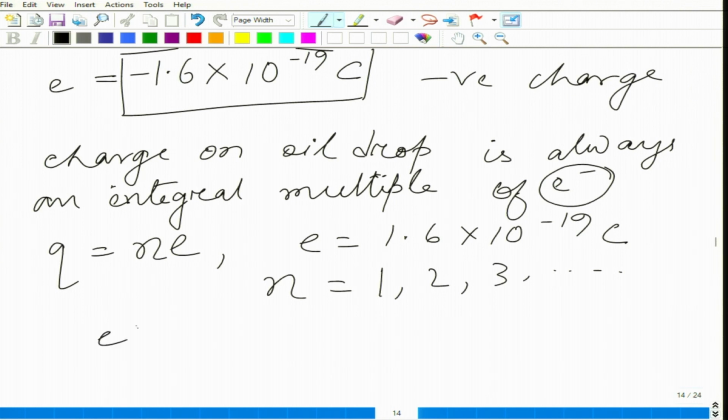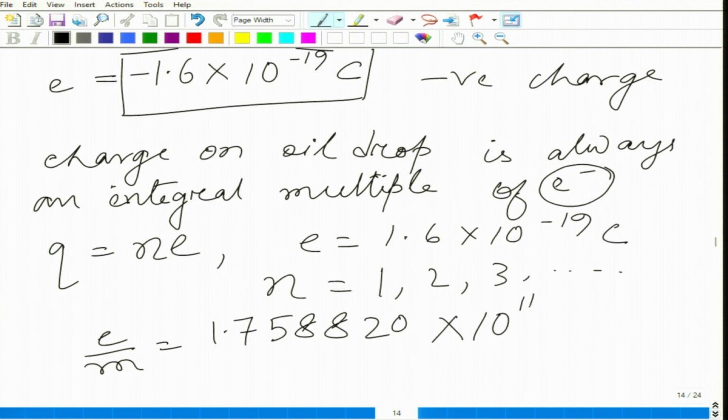If we have the charge to mass ratio of the electron, which we had found out earlier from the Thomson experiment, it was 1.758820 into 10 raised to 11 coulomb per kg. And now we have the charge of the electron.